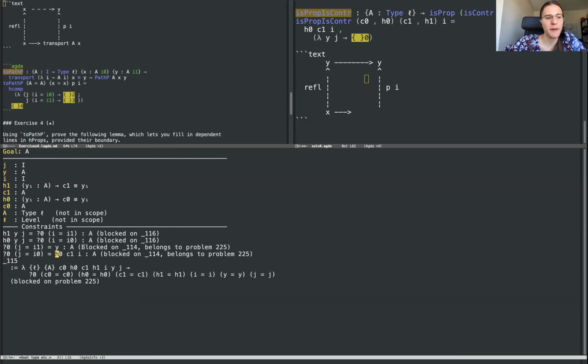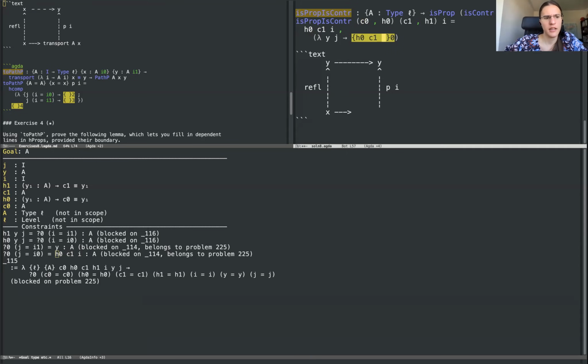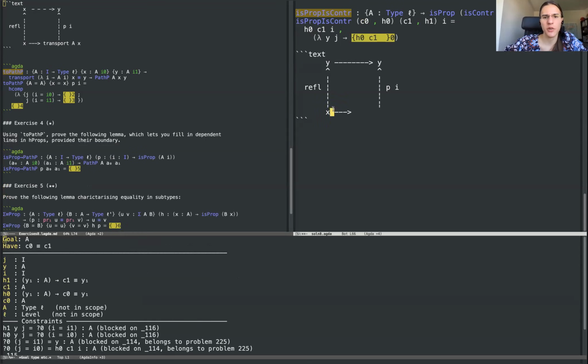And if I consider the expression H1 C naught, that's a path connecting C naught to C1. So I can put C naught here. And then I can put C1 here.